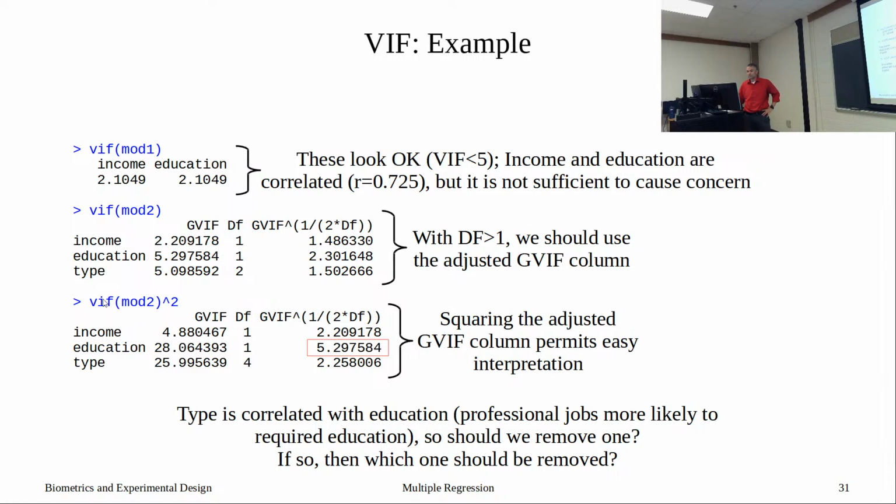So we can do the VIF of our mod 2 and square it to get this column. Now we're dealing with numbers that allow us to use that cutoff value of 5. I'm going to stress it's an arbitrary cutoff value. So here, education appears to have excess variance inflation.